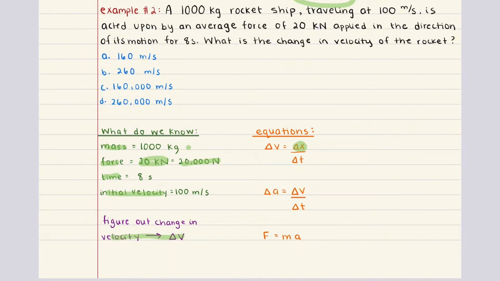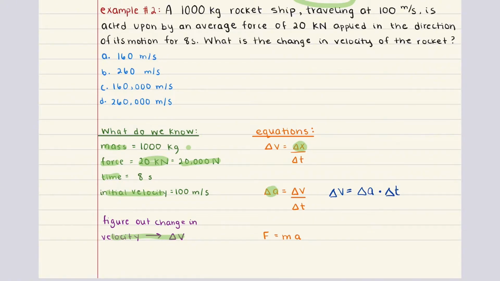Another equation that has delta V, change in velocity, within the equation is our definition for acceleration. Acceleration is equal to change in velocity over change in time. So if we wanted to solve for change in velocity, we can rearrange this expression to be equal to acceleration multiplied by change in time.